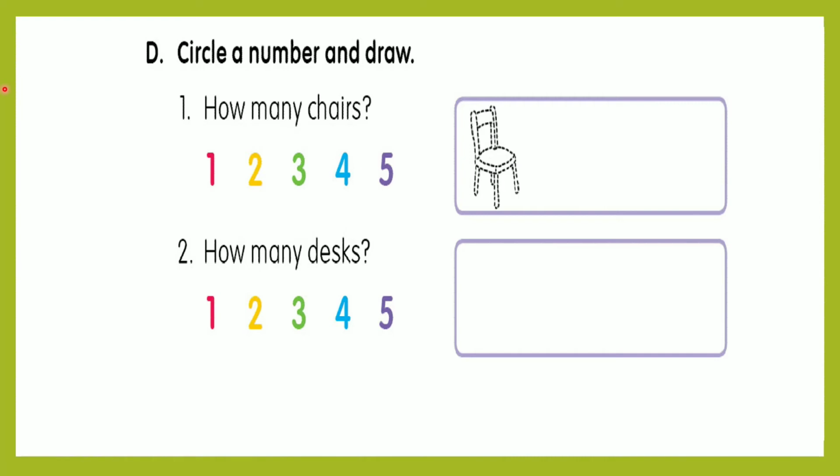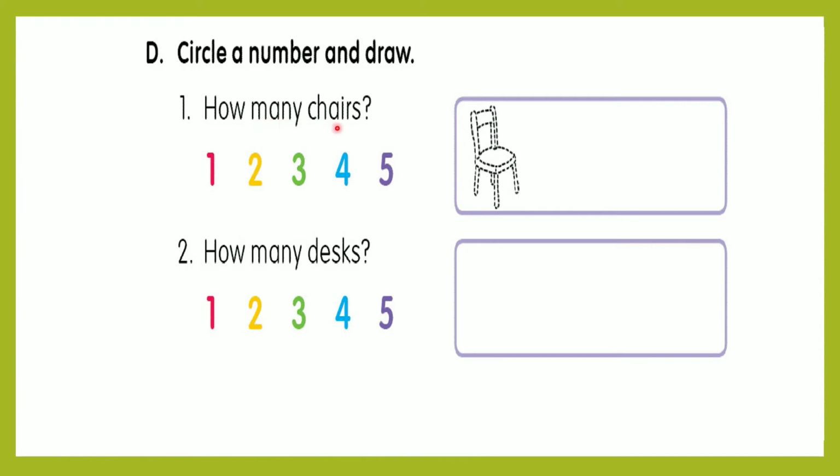We move on to part D of the lesson, and it says circle a number and draw. Okay, circle a number and draw. We are gonna be circling a number, and then later on we are drawing. So question 1 asks, how many chairs?